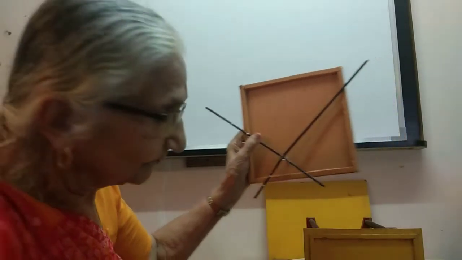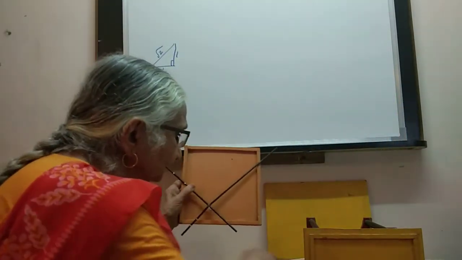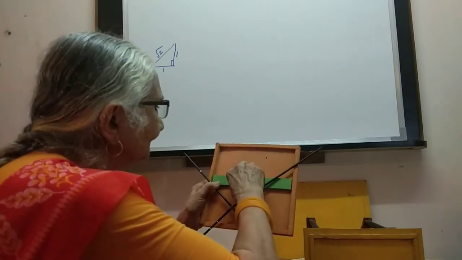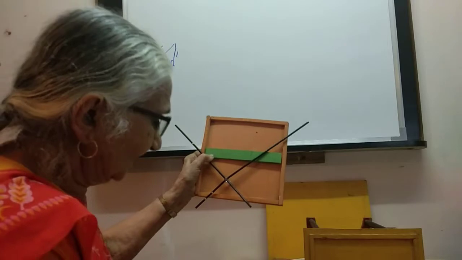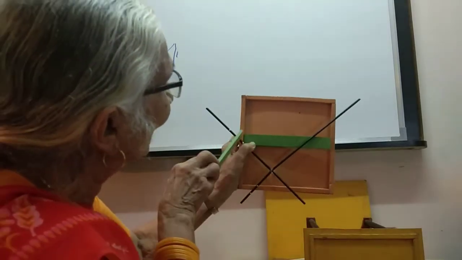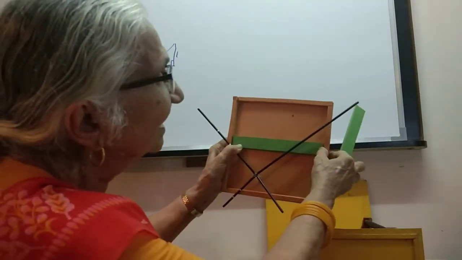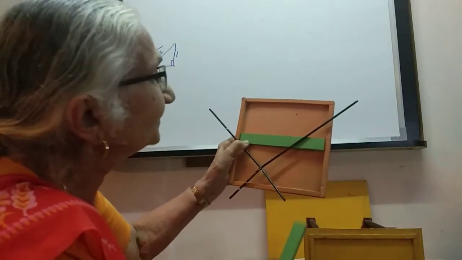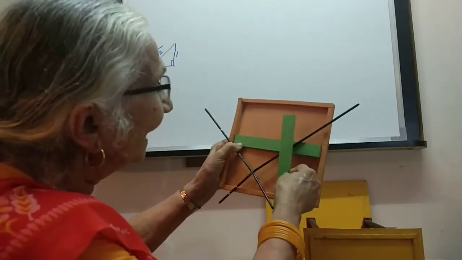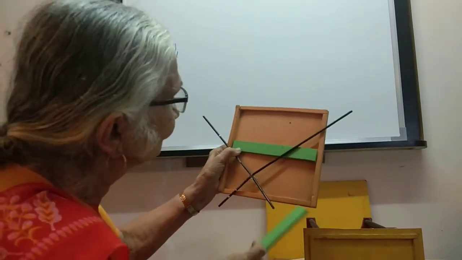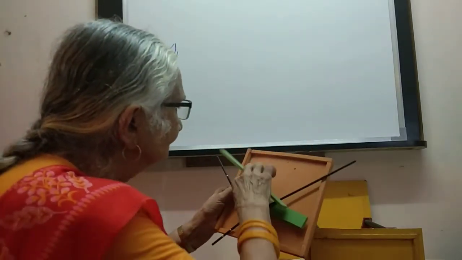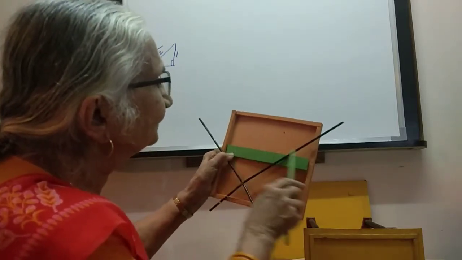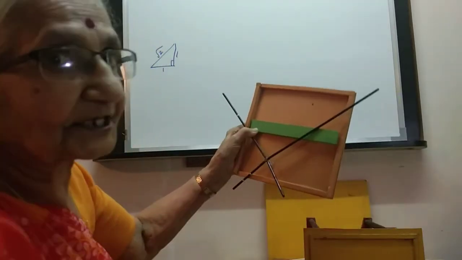That's not all. Now it should be such that if you place this over here, at this point I have placed this horizontal strip. Now I am going to place a vertical strip, and if I put it here, you can see, where this strip crosses the stick.